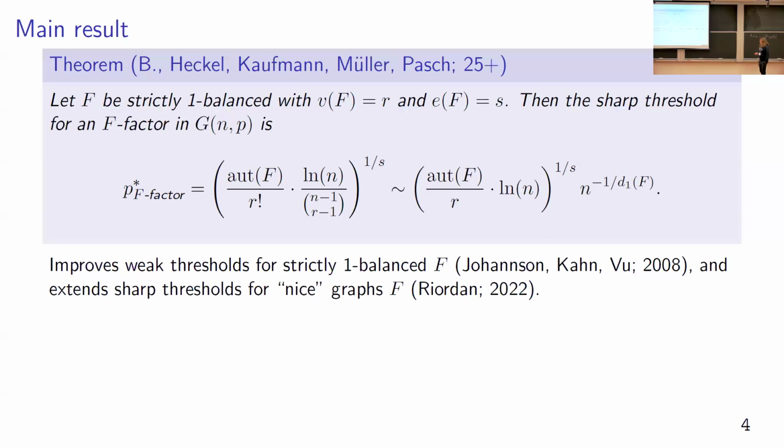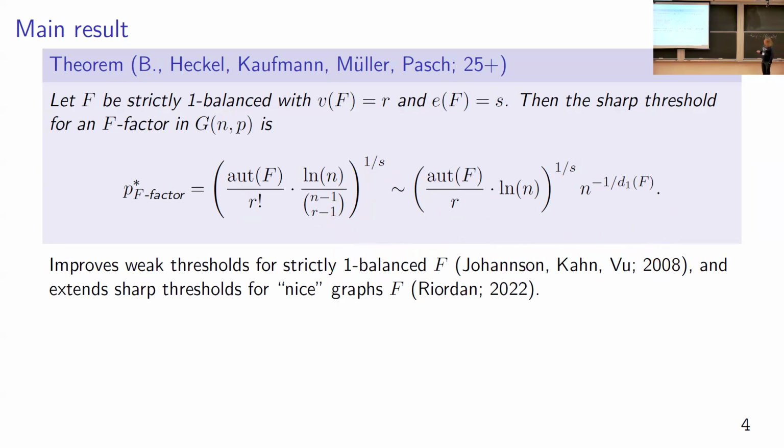Okay, and so indeed, here's our main theorem. This expression, or equivalently this one here, is going to be the sharp threshold for the existence of F-factors if F is strictly 1-balanced. So I should say this improves a breakthrough paper from 2008 by Johansson, Kahn and Vu.